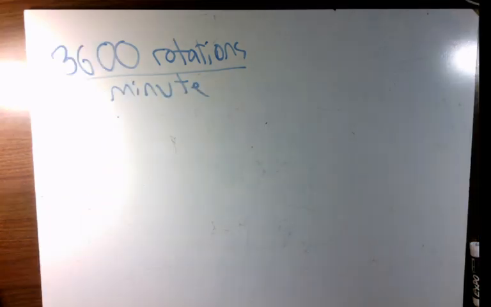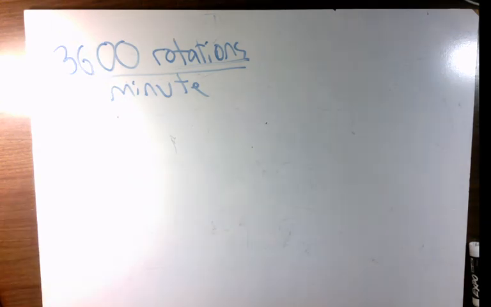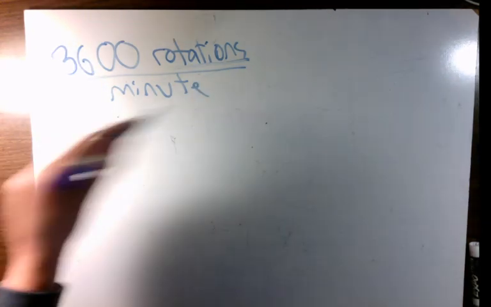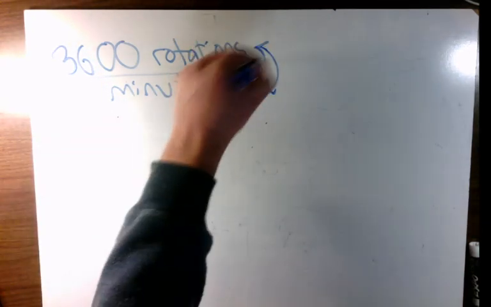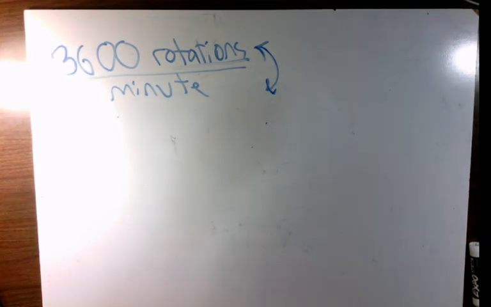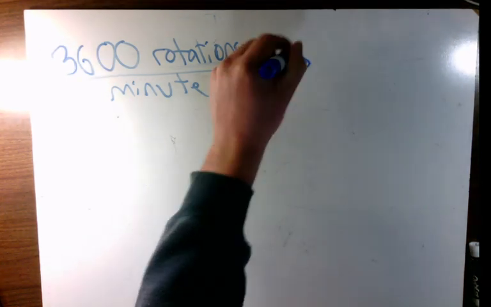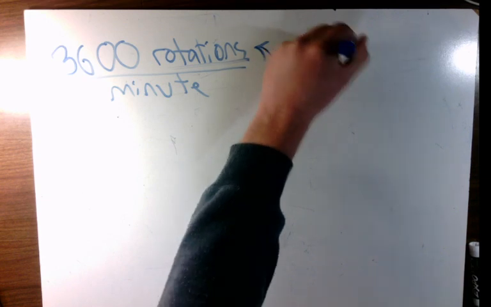right, we can, from this information, actually figure out how long it takes to undergo one rotation, right? So if we flip it top and bottom, right, we'll get 1 minute.